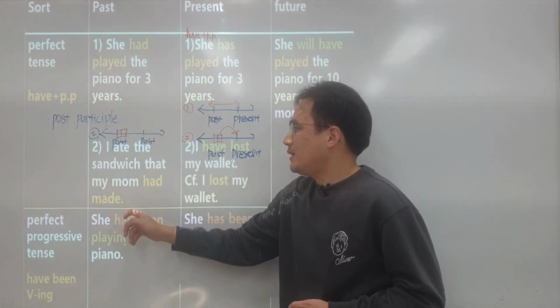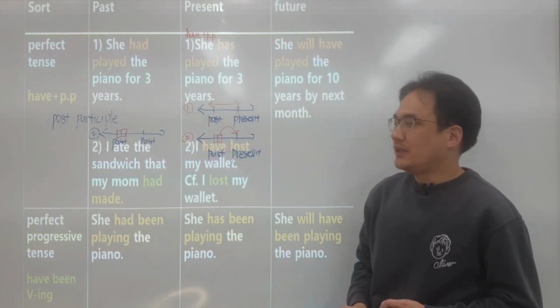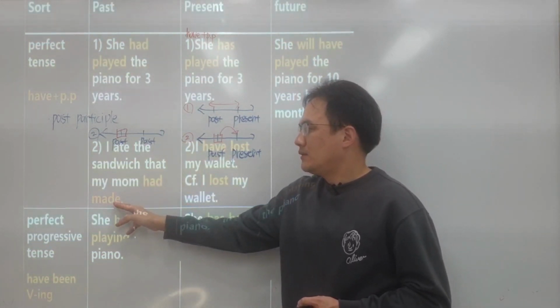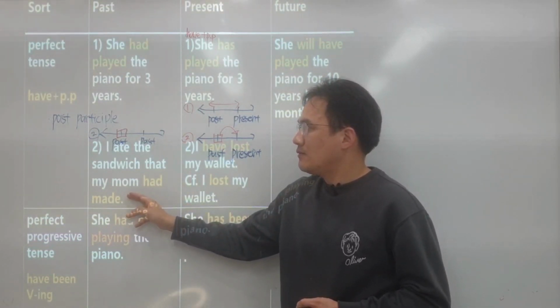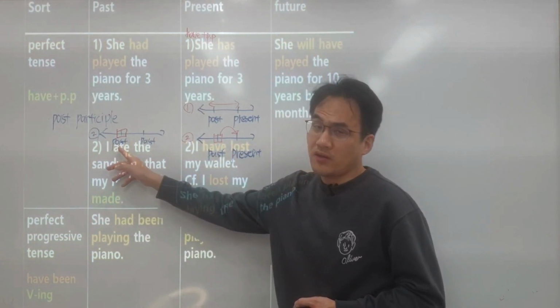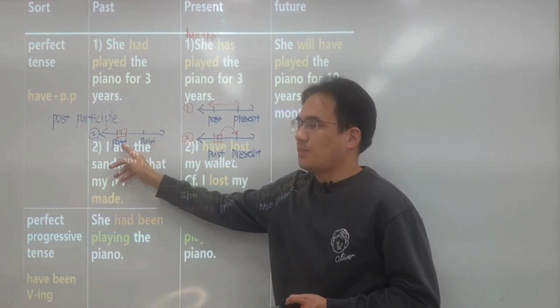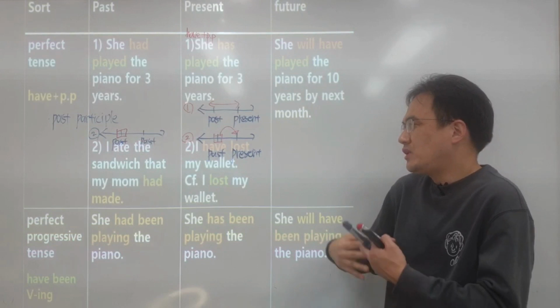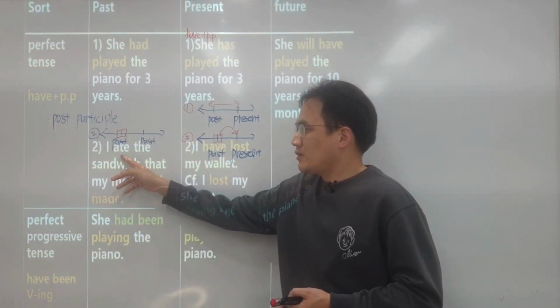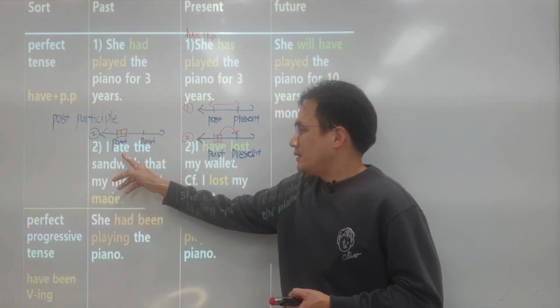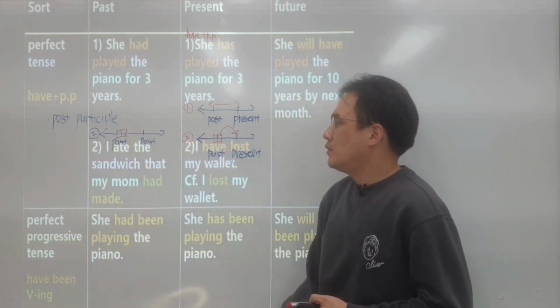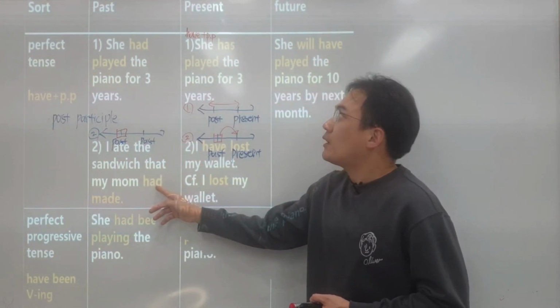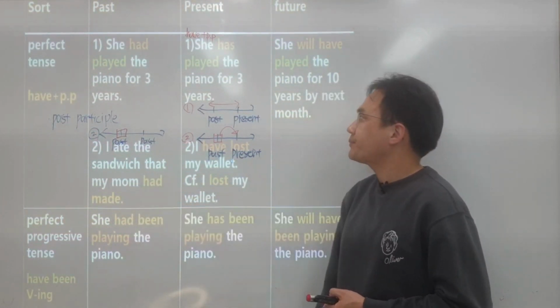My mom had made 2 years ago, right? So had made indicates one certain point before the past. So to be differentiated from the tense of the main clause, we have to use past perfect tense.